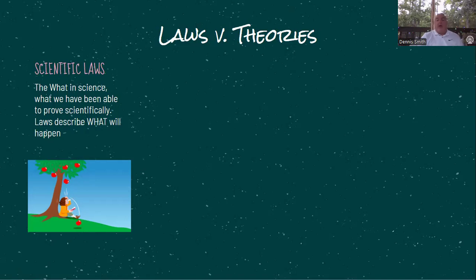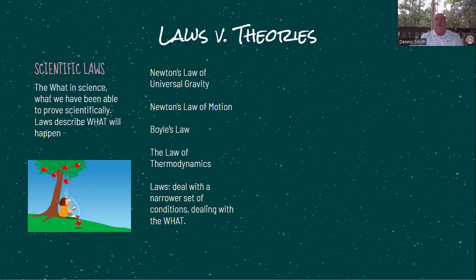Perfect example, and we have multiple examples of laws. Newton's law of universal gravity. Newton's sitting under the tree. All of a sudden, the apple comes detached from the branch or the leaf, and it falls. Okay, so that's a law that over and over, we can prove it now. Like I can drop my phone, and you can hear it drop, and that's gravity bringing it down to the center of the earth.